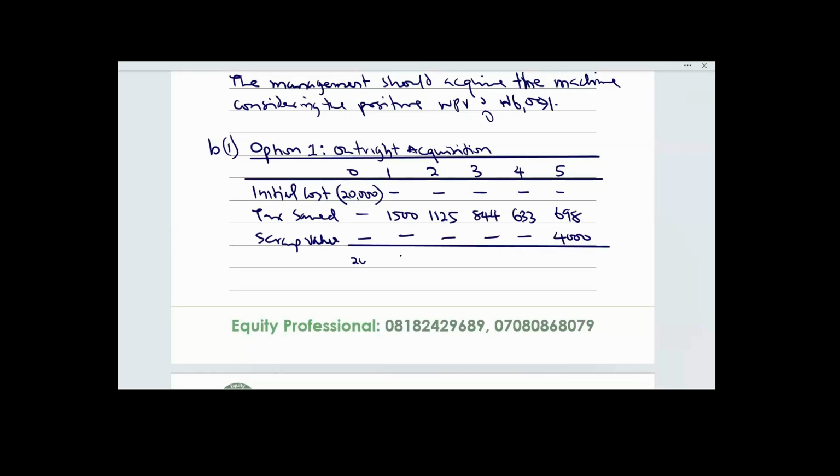So here is 20,000, followed by 1,500, 1,125, 844.